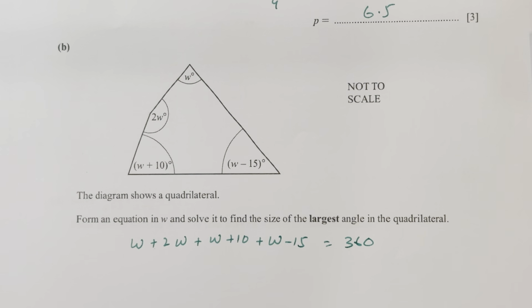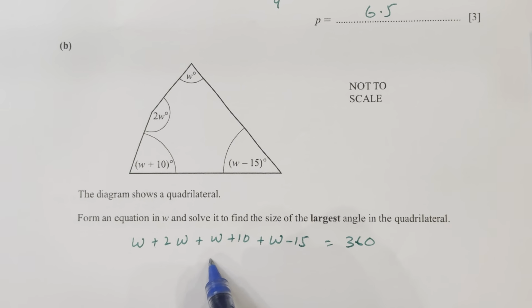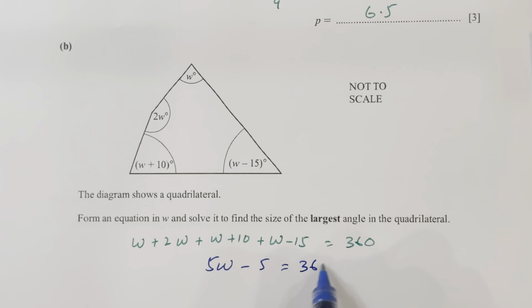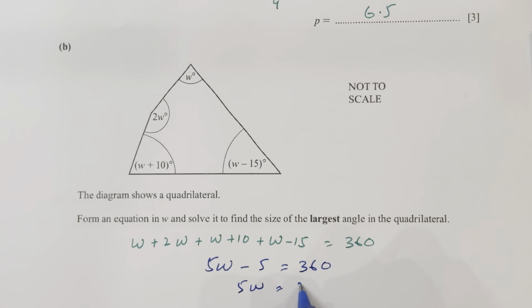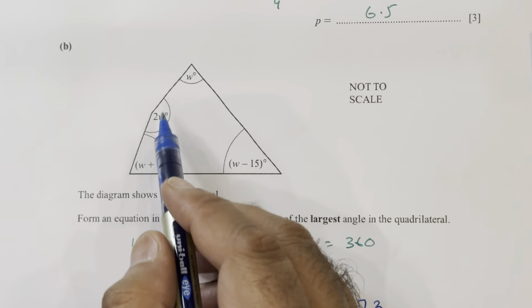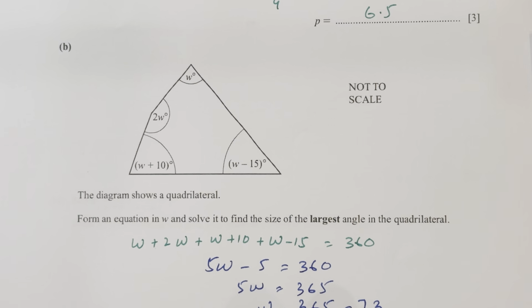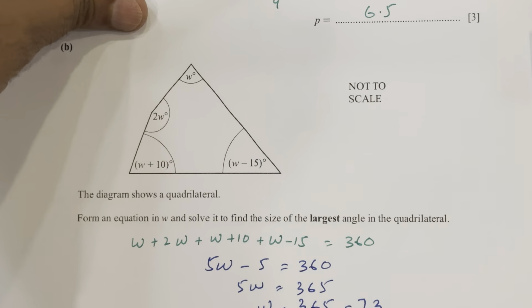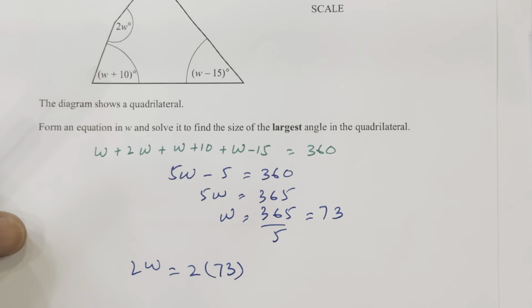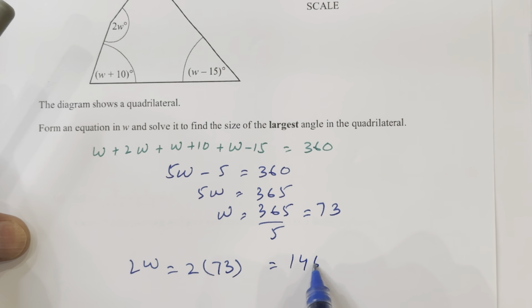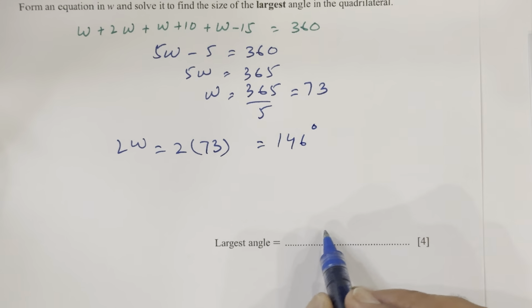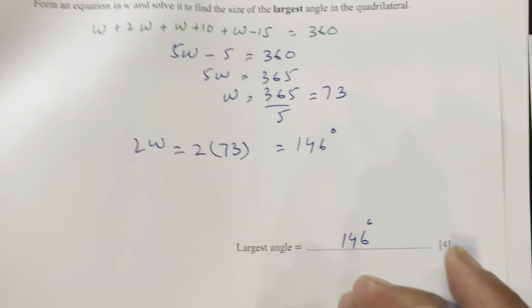So we can form the equation W plus 2W, that would be 5W, and 10 minus 15, it would be -5, is equal to 360. 5W is equal to 365, then W is equal to 365 divided by 5, that is 73. Now the largest angle would be 2W, which is 2 into 73, that is 146 degrees. So this is our largest angle.